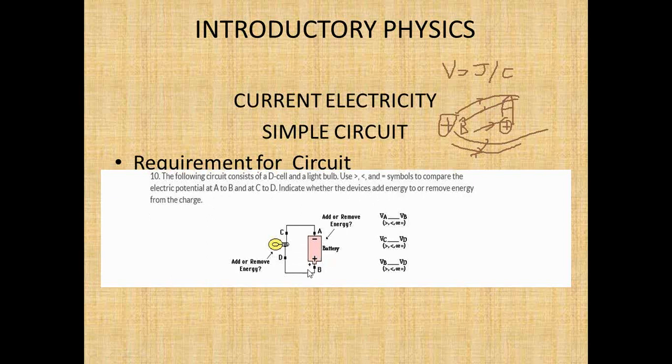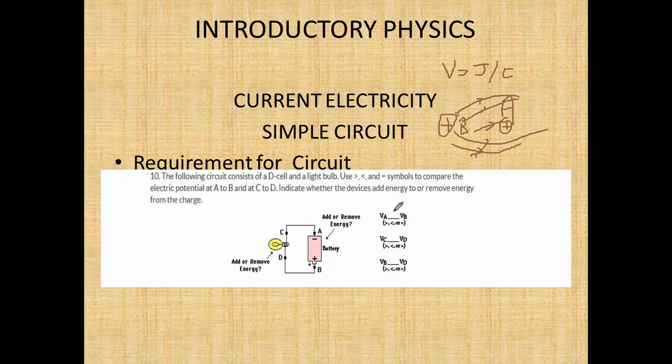So the voltage at A and B. We already know that this is our low potential terminal and this is our high potential terminal. So the voltage at A is 0, really. So it is less than B, because B is your high potential terminal.